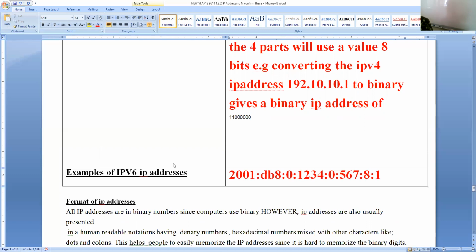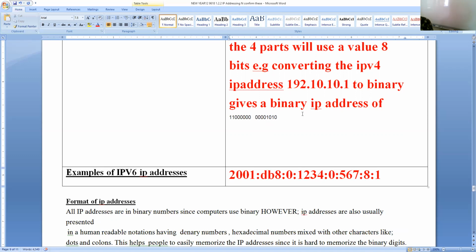What about 10? And if my network was like that, 10 in binary will give us this. In binary, 8 bits shall have 1, 2, 3, 4.